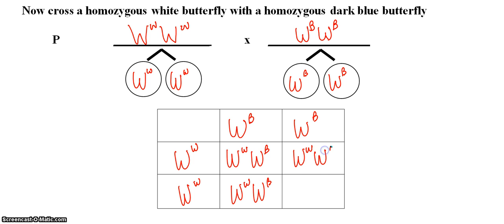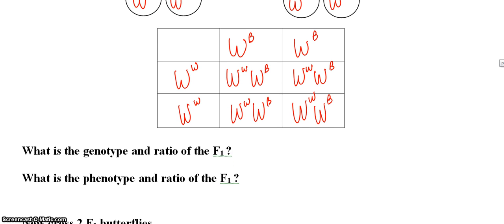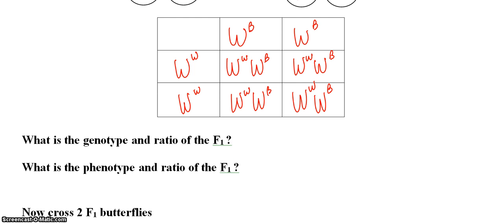Now, if I'm going a little too fast at any time and you're taking notes, which you should be, just pause this and catch up. Alright, so take a look at that, and let's move up a little bit. So looking at our Punnett square, the genotype and ratio of the F1, they are all W^W W^B.